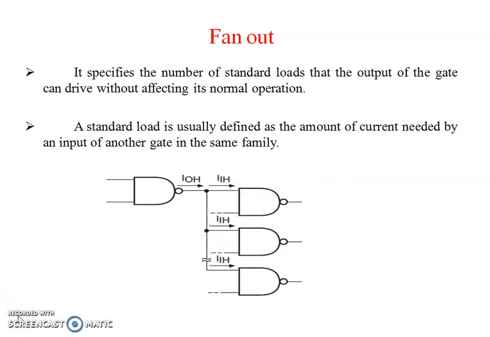The output of the gate is usually connected to the inputs of similar gates. Each input consumes a certain amount of power from this gate, and each additional connection adds to the load on the gate, and these loading rules are listed for families of standard digital circuits.